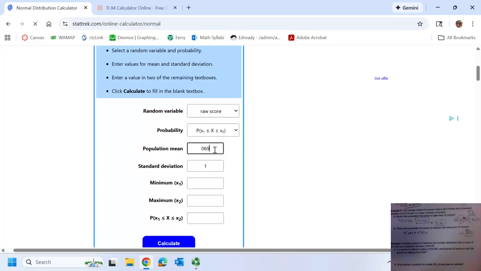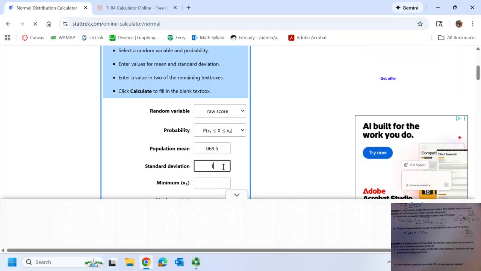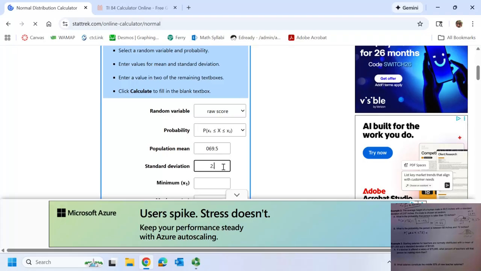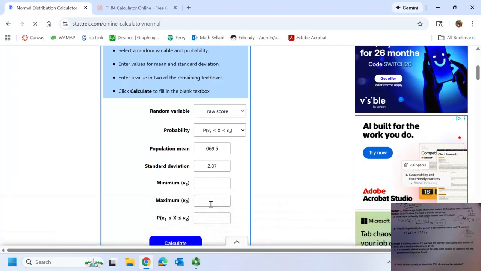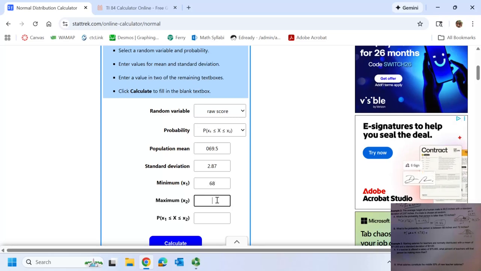Population mean is 69.5, and the standard deviation, 2.87. The minimum value was 68. So the minimum and the maximum, these are coming from our probability statement.